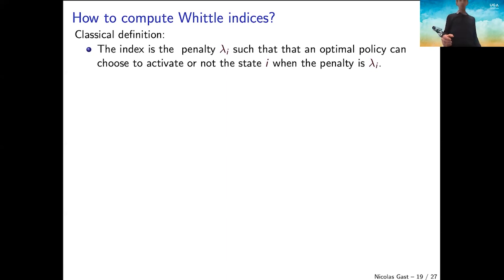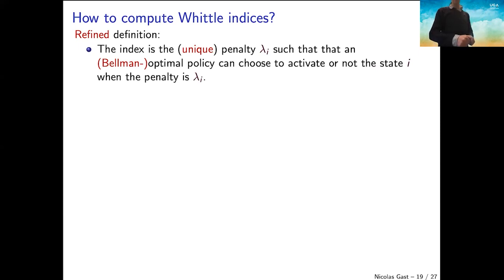Why? Because what is meant by optimal policy is not really clear. When you look at Markov decision processes with average cost, there exist different notions of optimality: gain optimality, bias optimality, etc. It's not fully clear which definition you should put here.